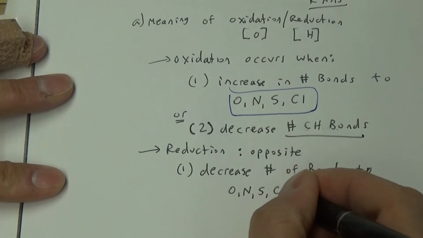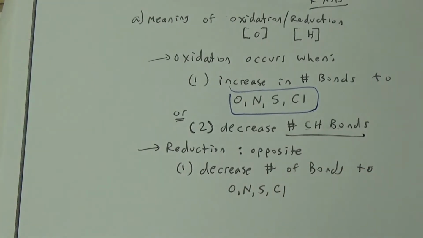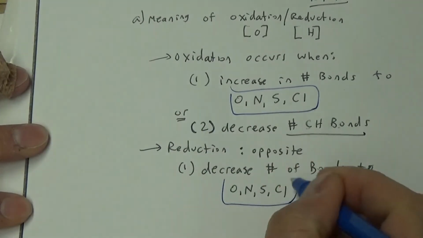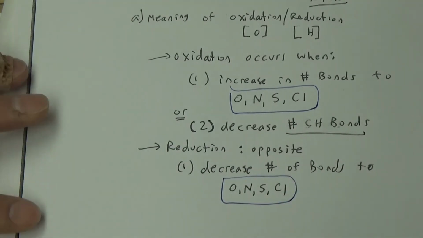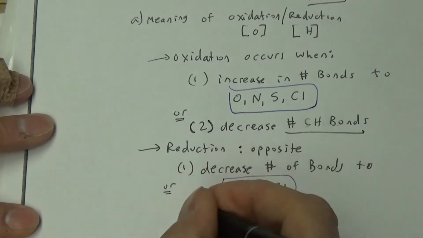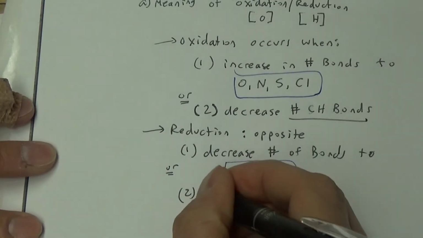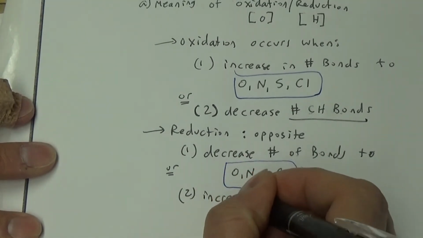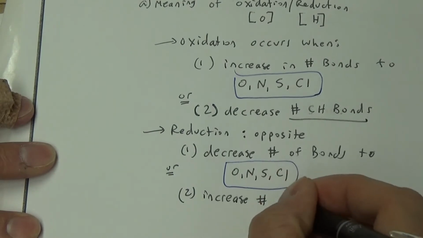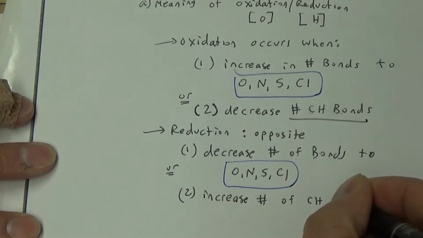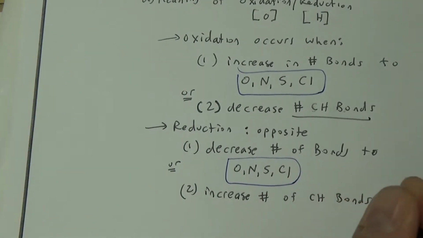These are the typical ones, and of course there's others. That's considered a reduction. Or another way to envision reduction is increasing the number of CH bonds. Okay, cool.